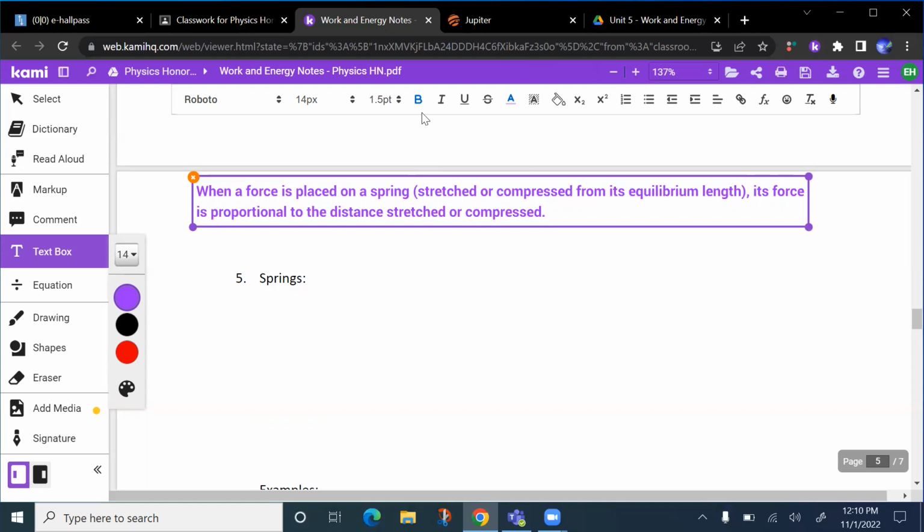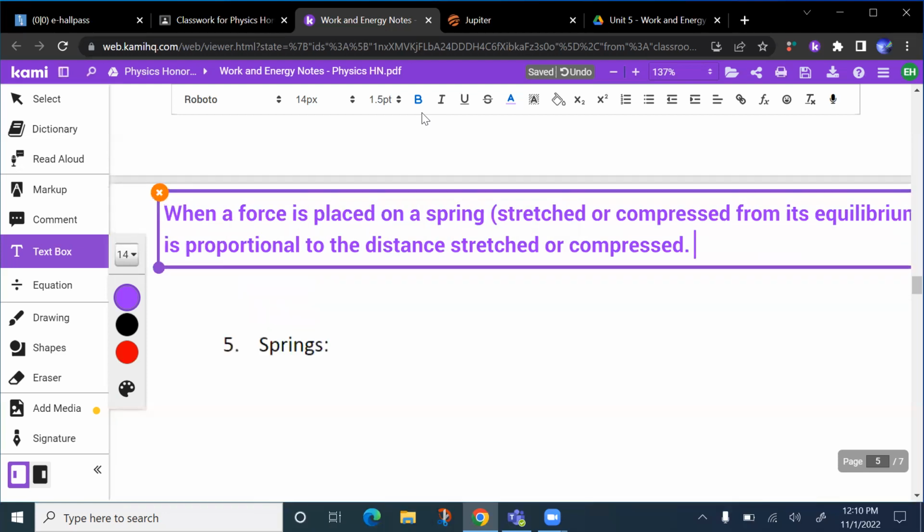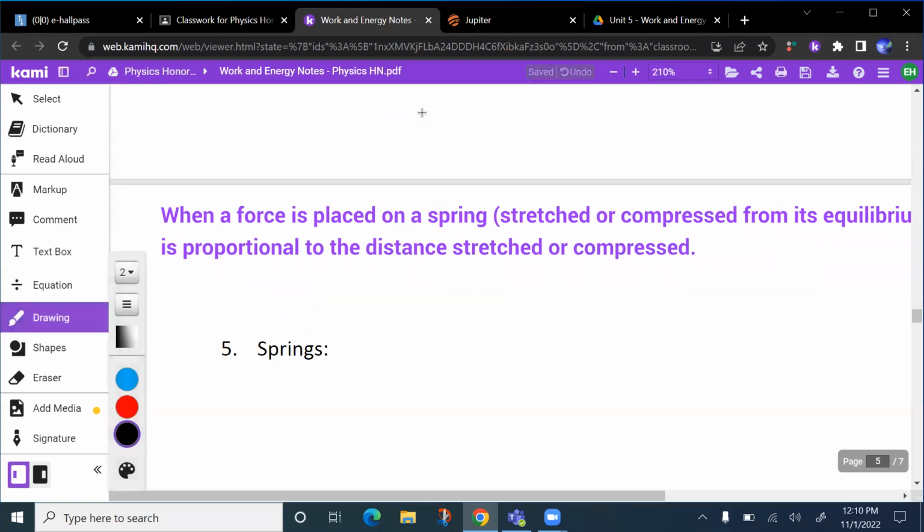Okay, and so we can look at that from an equation where spring force is proportional to x. X means the distance stretched or compressed from equilibrium.